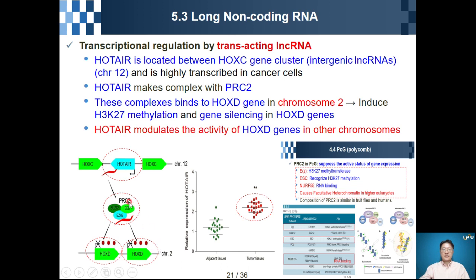After that, PRC2 has H3K27 methyltransferase activity, so H3K27 methylation occurs. Finally, it will induce gene silencing in the HOXD genes. So the conclusion was that HOTAIR modulates the activity of the HOXD gene on another chromosome. So this is the transcriptional regulation by trans-acting long non-coding RNAs.